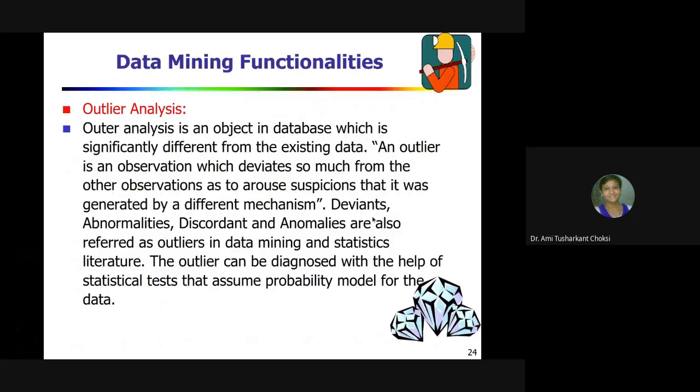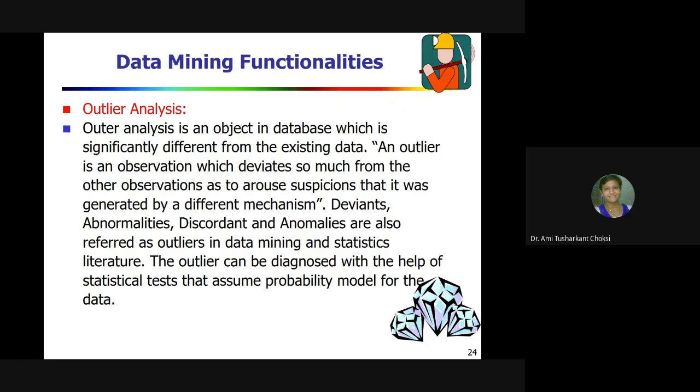So the next functionality which we want to know is outlier analysis. What is that? Outlier analysis deals with an object in a database which is significantly different from the other, that is, the existing data. What do we mean by that?